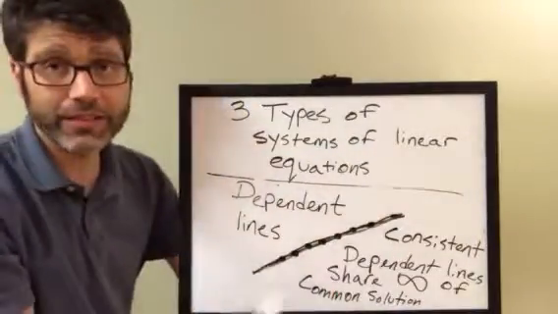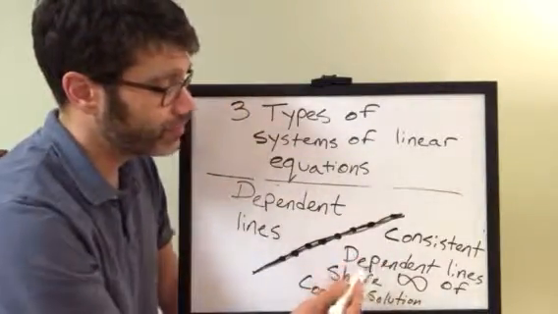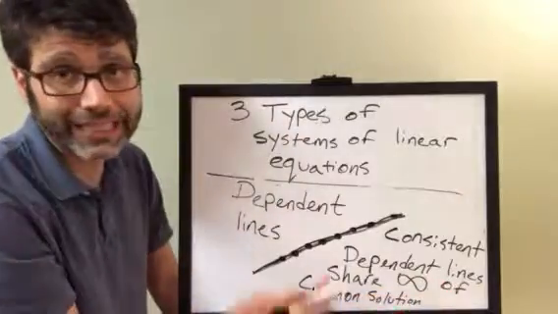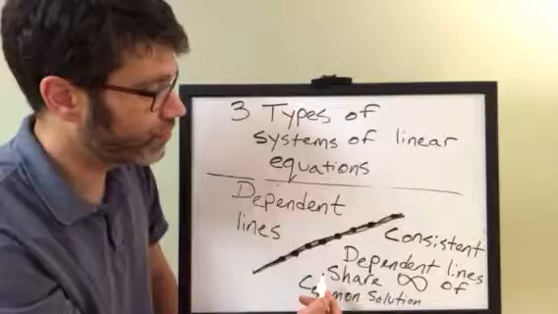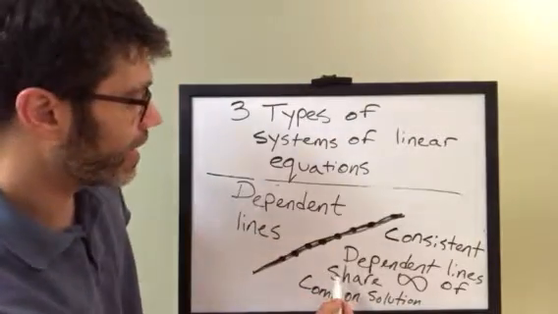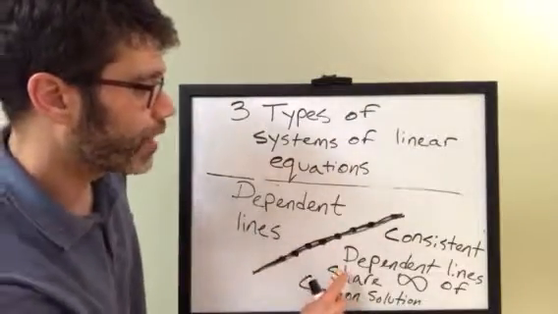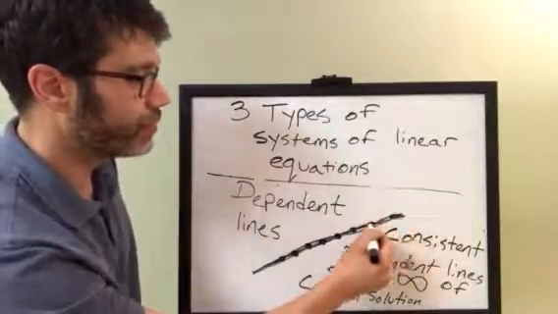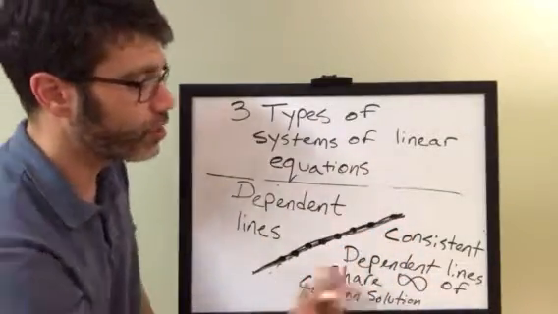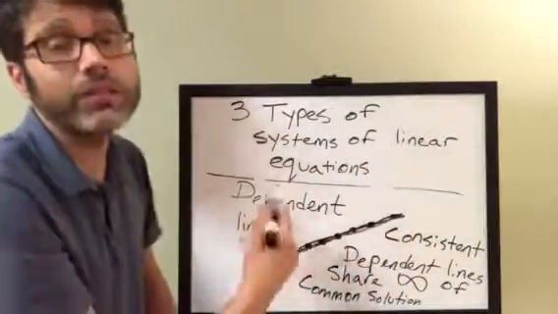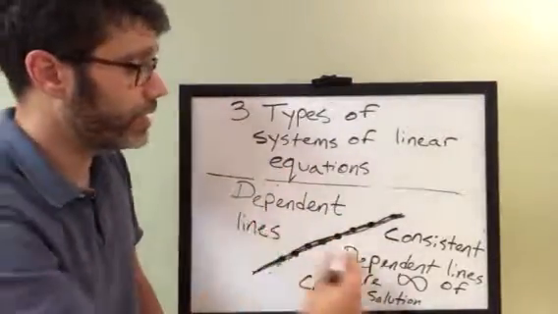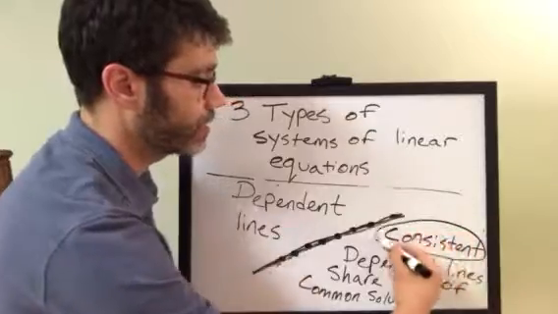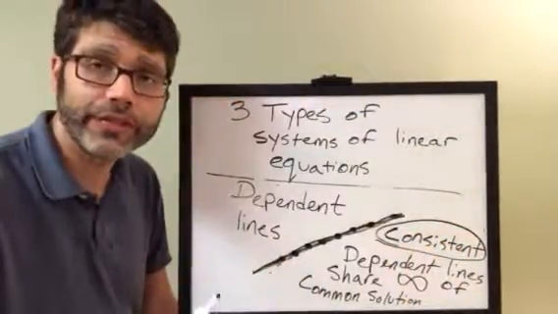But in this case, because it's dependent, not only is it consistent, which means they share at least one, it goes even more than that. It goes as far as saying that they're going to be sharing an infinite number of solutions together. So all dependent systems of equations are also going to be consistent. And those are the three scenarios.